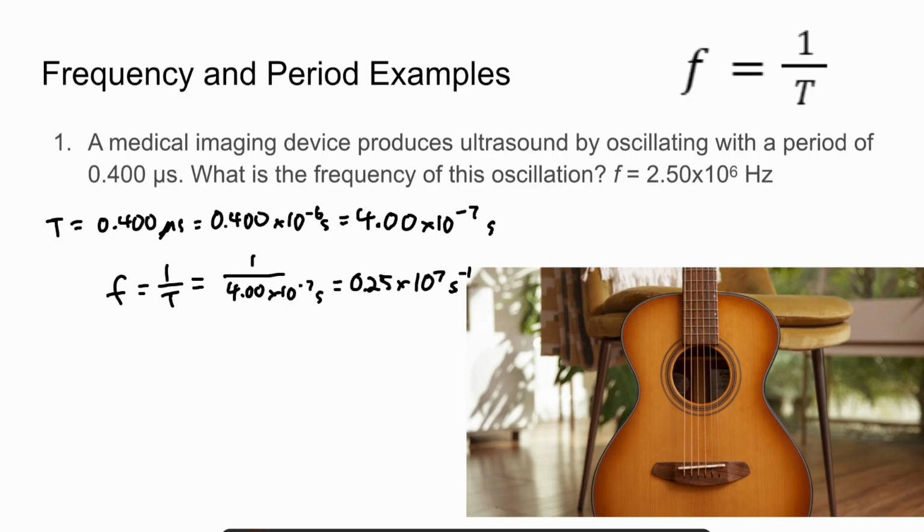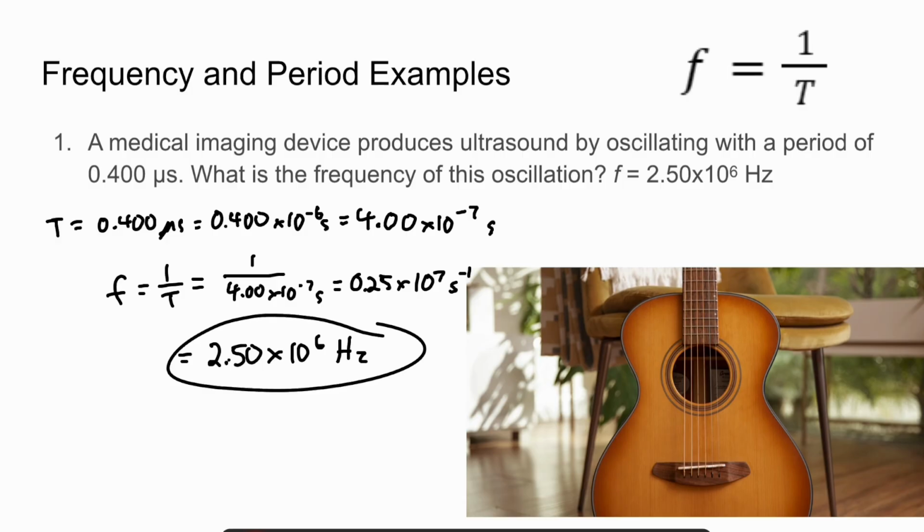And if we wanted to clean that up a little bit, we could put that into scientific notation, which would be 2.50 times 10 to the 6th inverse seconds. Or we could also call that hertz. So that's the frequency of an ultrasound that's oscillating with a period of 0.400 microseconds.